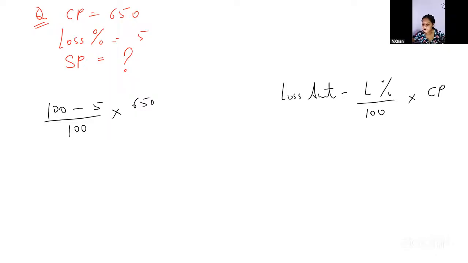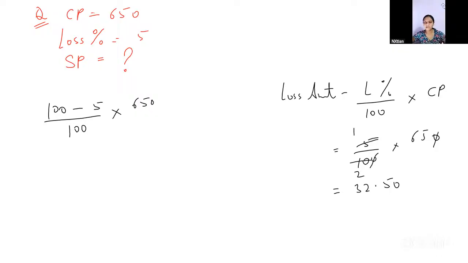Okay, so loss percent is how much? 5 divided by 100 into cost price 650. Okay, we will calculate it. 65 will divide it by 2. We will get 32.50.